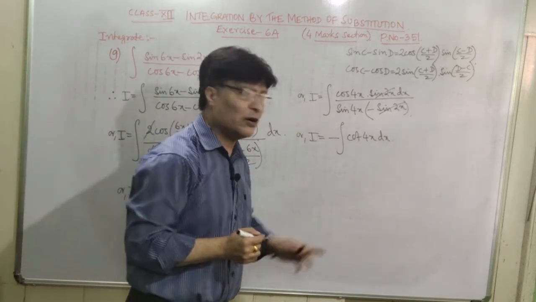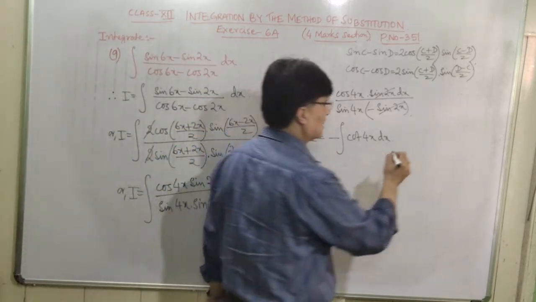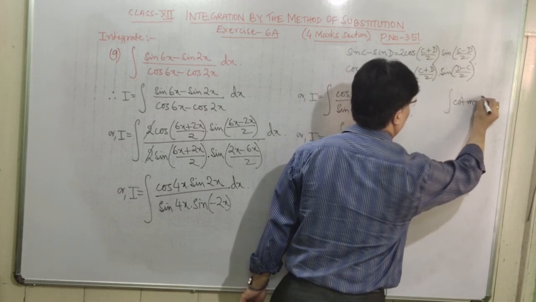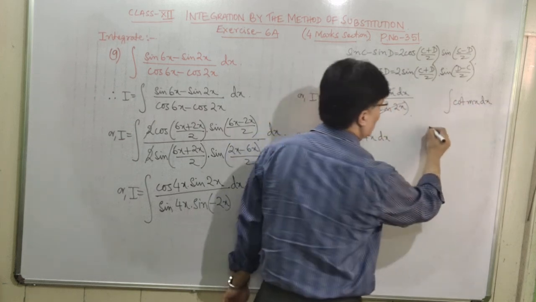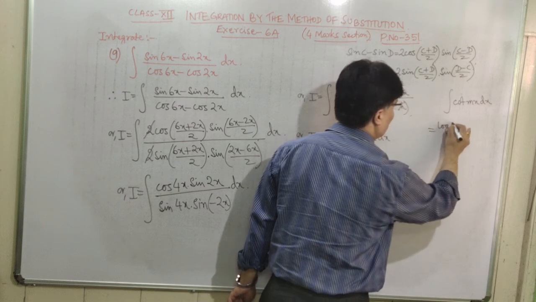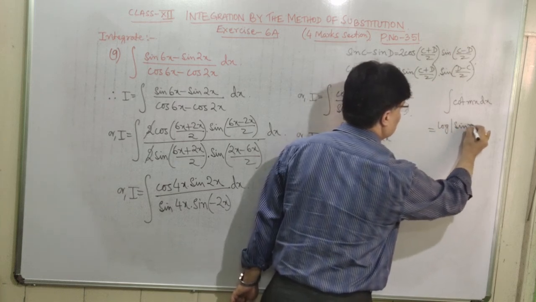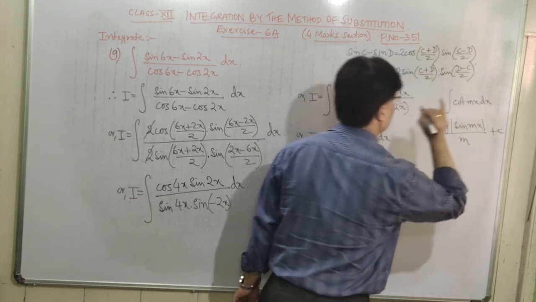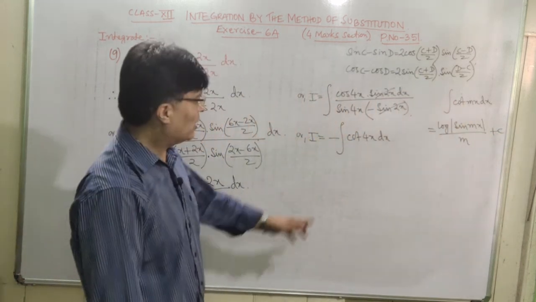Now you know the formula for the integration of cot mx, isn't it? What is the formula for the integration of cot mx dx? It is log within mod sin mx divided by m plus c. Here m is 4.